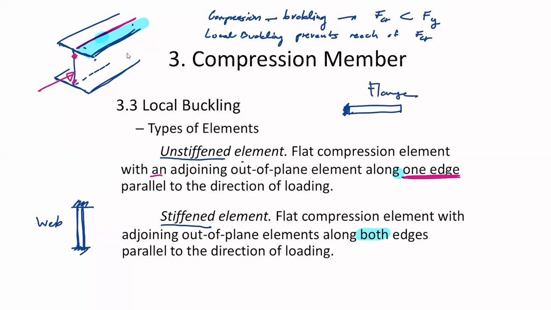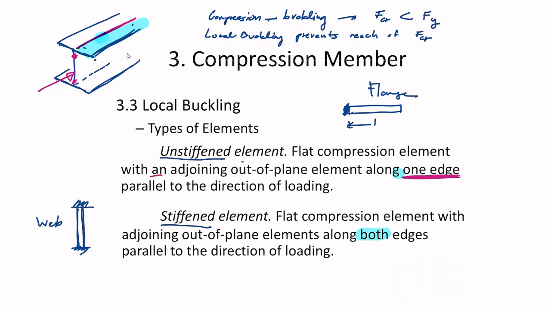Okay, so the reason we need to categorize this is that each has its own different limiting values. And we are going to, of course, consider the slenderness ratio of this as well.